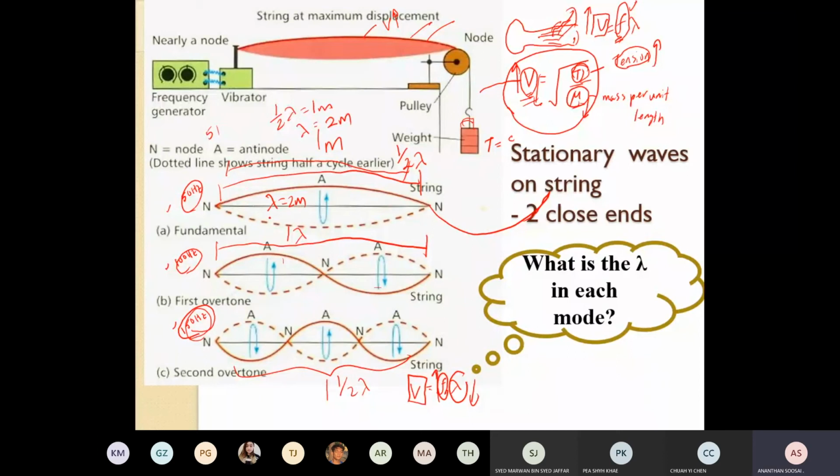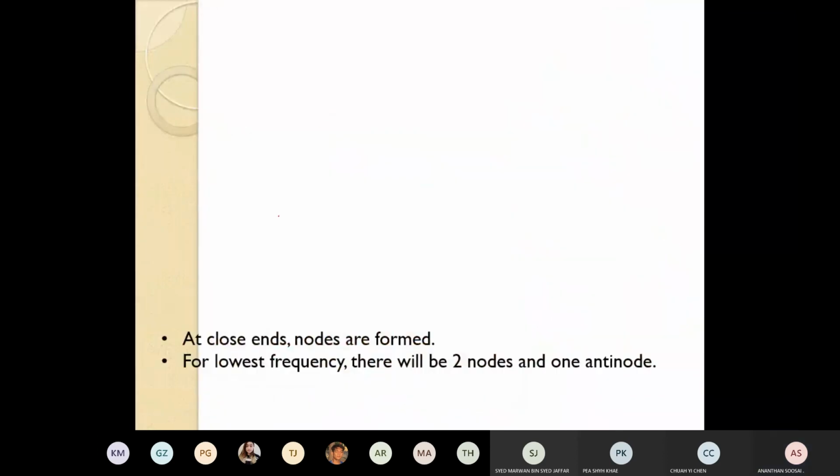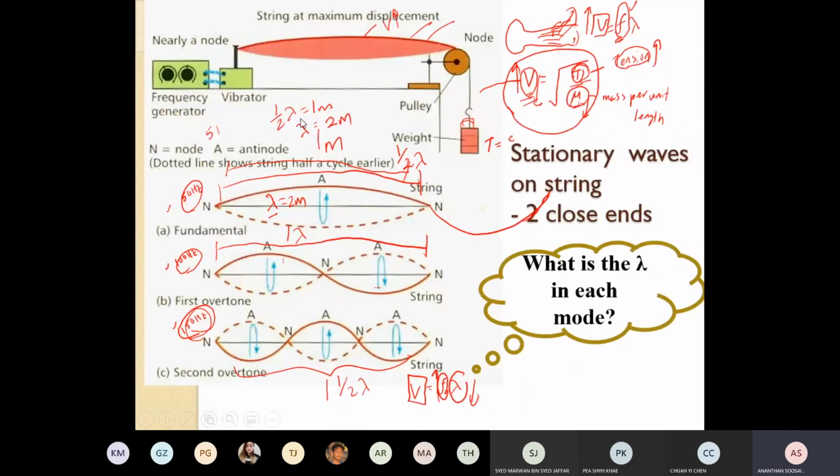So we can find the wavelength. The information they must give you is the length of the string, and from the length of the string, you can find the wavelength. Okay, now tell me, for the second appearance, what is the wavelength value?